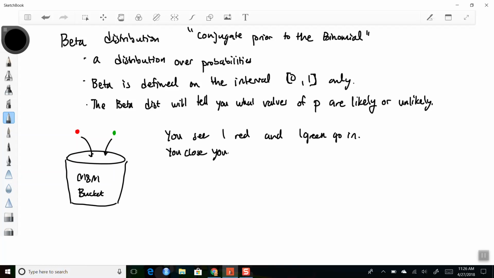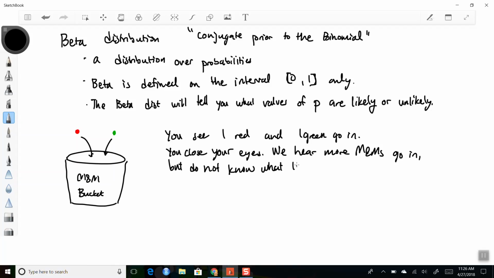You close your eyes, and we hear more M&Ms go in, but do not know what kind. And then we open our eyes, and we are asked, what proportion is green?